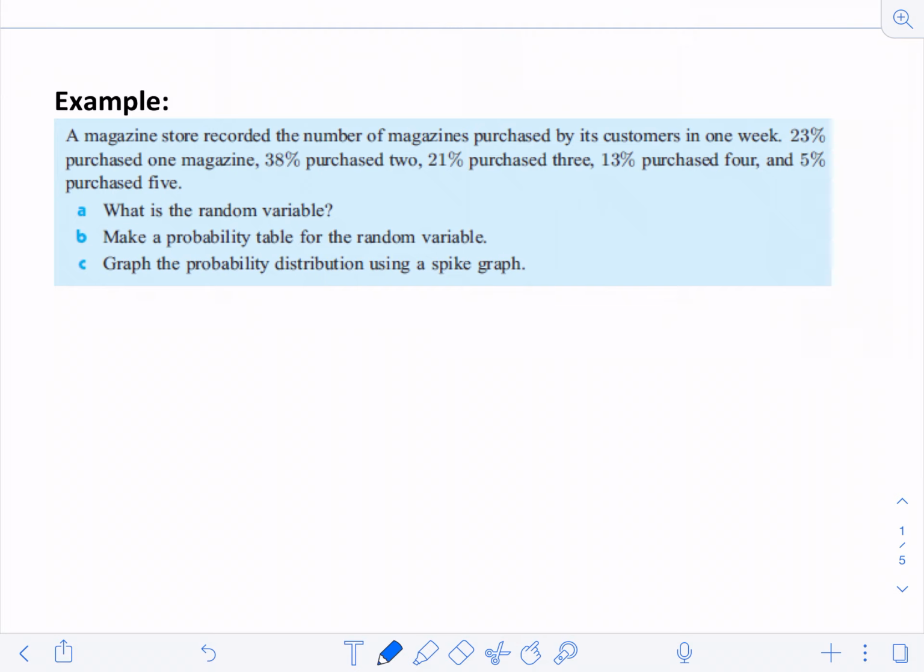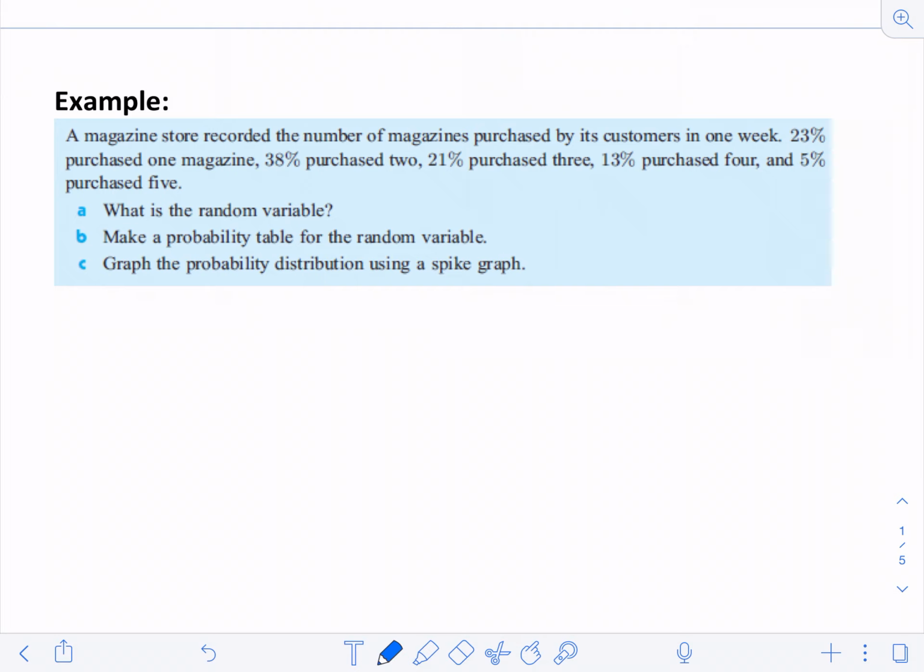So let's look at this particular one. A magazine store records the number of magazines purchased by its customers. 23% purchase one magazine, 38% purchase 2, 21% purchase 3, 13% purchase 4, and 5% purchase 5. So that's the event, people buying magazines. What is the random variable here? The random variable x.